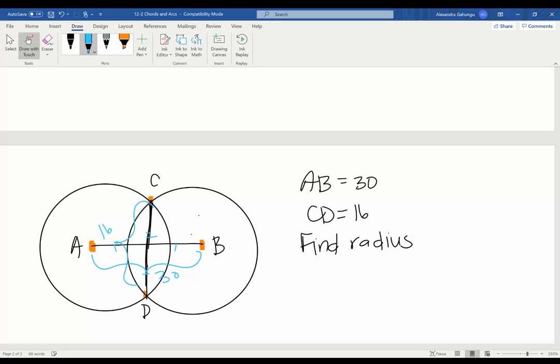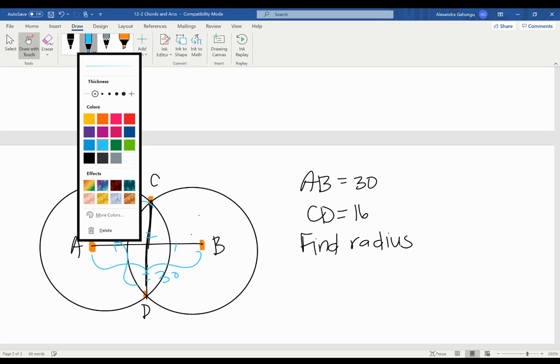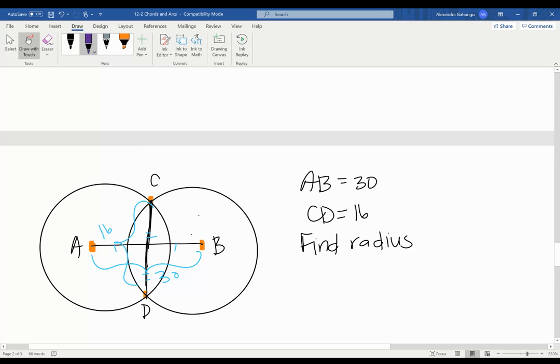So that'll mean that C to this point right here will be 8 units, and half of AB will be 15 units, and this will be perpendicular.